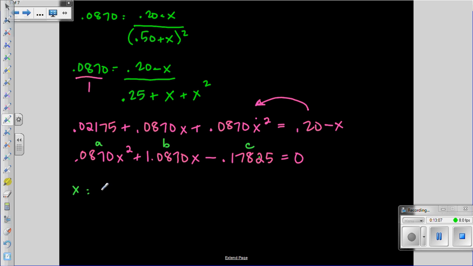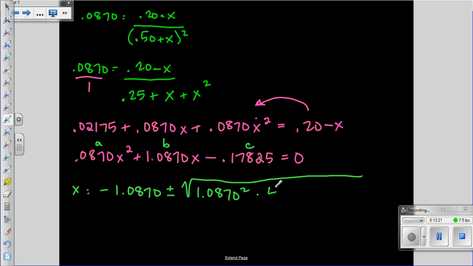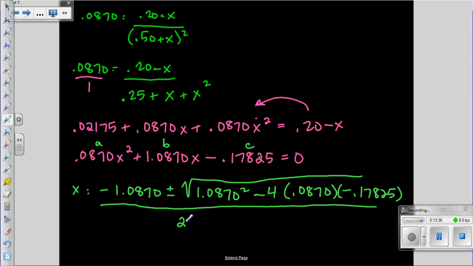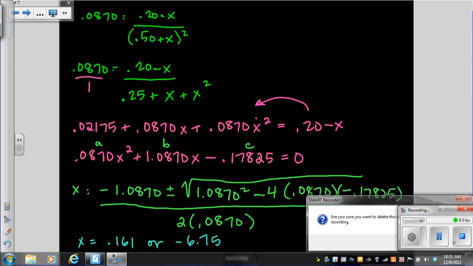So x is equal to negative B, 1.0870, plus or minus the square root of B squared minus 4 times A, 0.0870, times C, negative 0.17825. Notice I'm not doing significant figures yet. All divided by 2A, 0.0870.